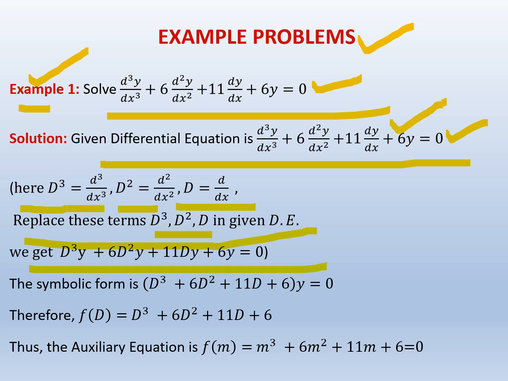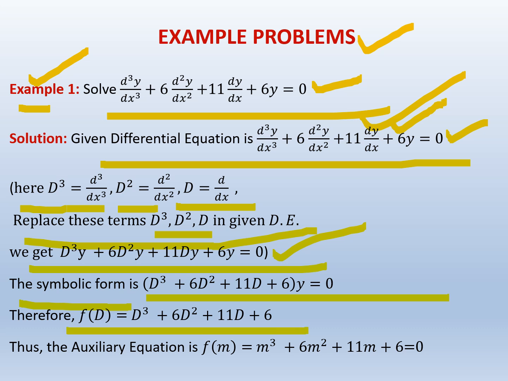Thus, we get D cube y plus 6 times D square y plus 11 times Dy plus 6 times y equals 0. From the left hand side of this equation, we can take out common y. Thus, we get the symbolic form of the given differential equation like this: D cube plus 6 times D square plus 11 times D plus 6 of y equals 0.